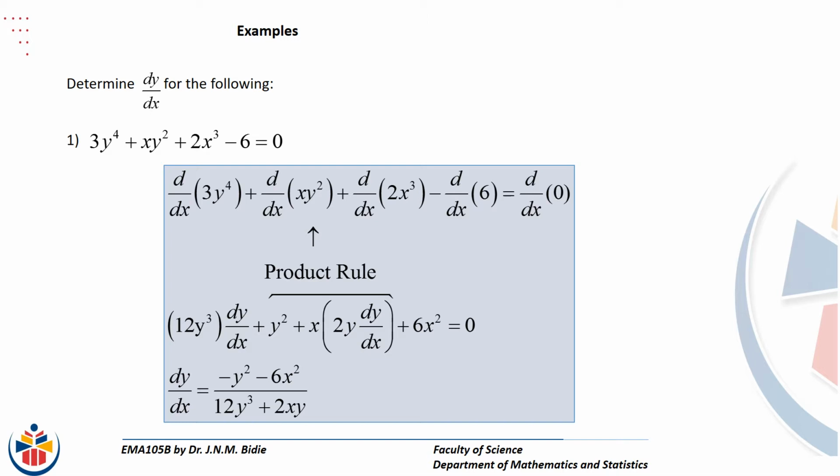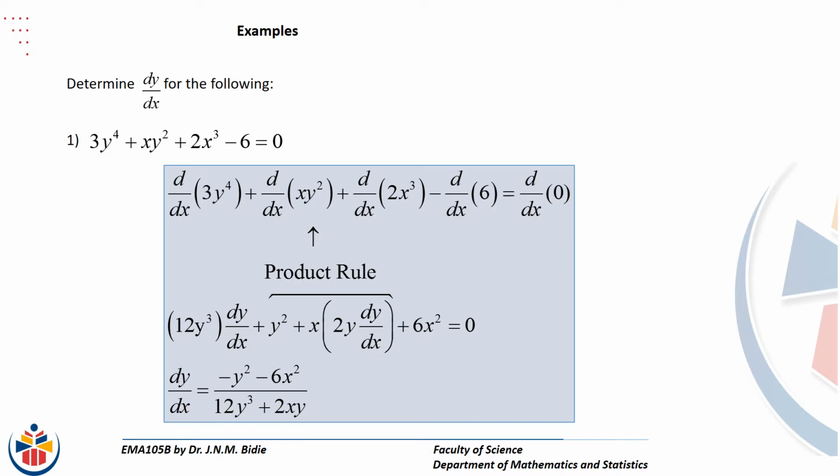The first step says we need to differentiate each term of the given expression. As you can see, I've written explicitly here d over dx of 3y to the power 4 plus d over dx of the second term plus the derivative of the third term plus the derivative of the fourth term equal to the derivative of the expression on the right hand side, which is 0 in our case.